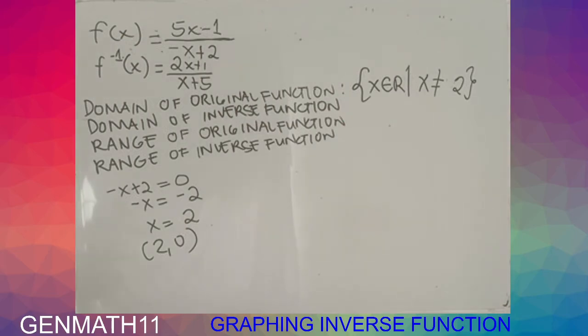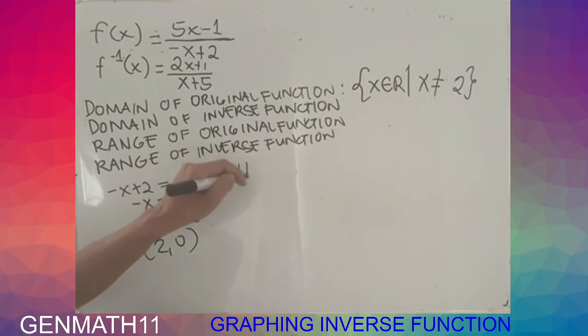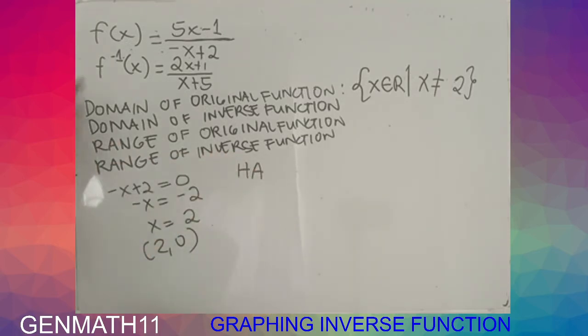So, next, range of original. Range muna ng original function natin para hindi kayo malito. Paano natin kukunin yung range of original function? Ang gagawin natin, hanapin muna natin si horizontal asymptote ng original. Okay? Original muna.